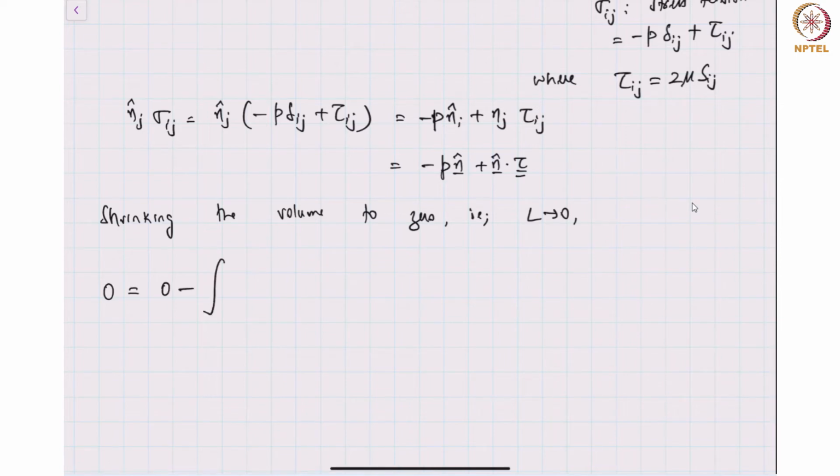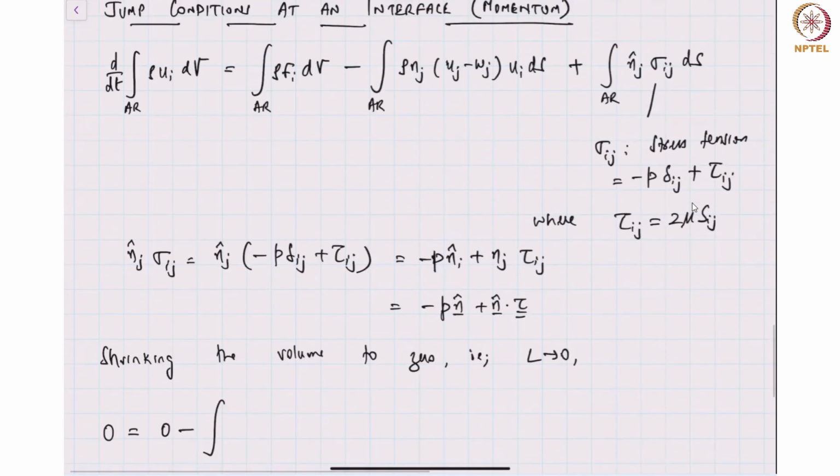Then I will again split this region into two parts. Again, I'm not explicitly writing down the area of the curved surface because the curved contribution of the cylindrical element is also 0. So only the two faces, the face facing into fluid 1 and the face facing into fluid 2, will contribute.